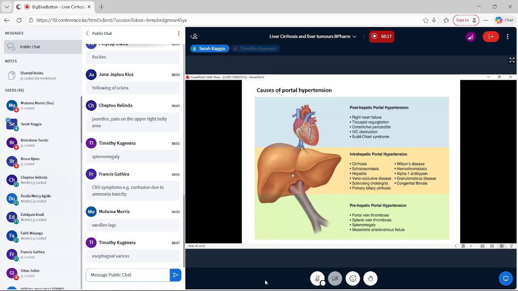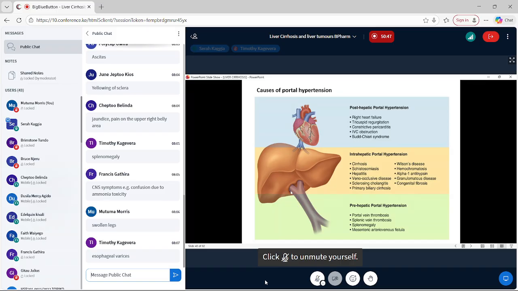Then there are those things within the liver, diseases within the liver. A good example is what we've just discussed, liver cirrhosis. Others are infections like schistosomiasis, infections like hepatitis, or veno-occlusive diseases, cholangitis, and so on.